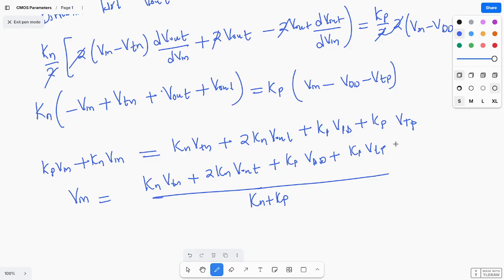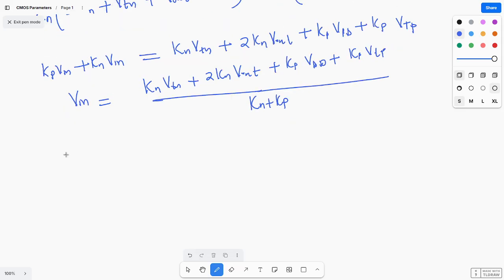Divide both numerator and denominator with Kp. So what you will get is VIH.